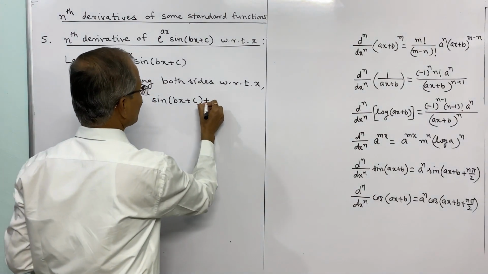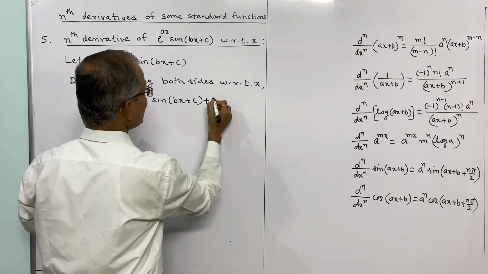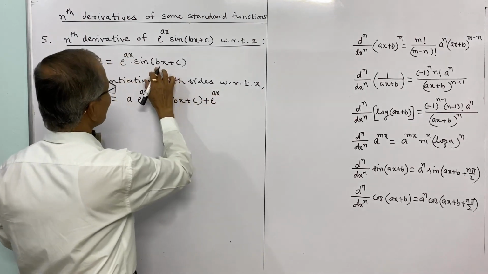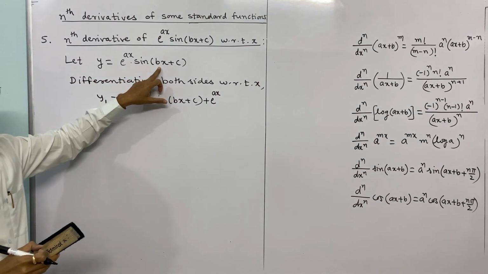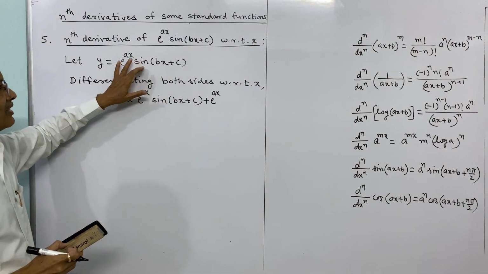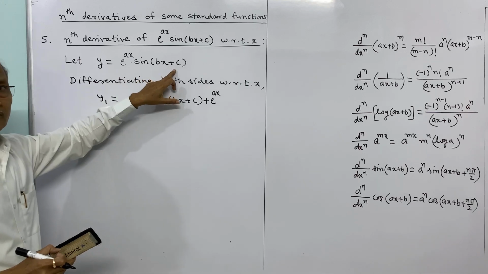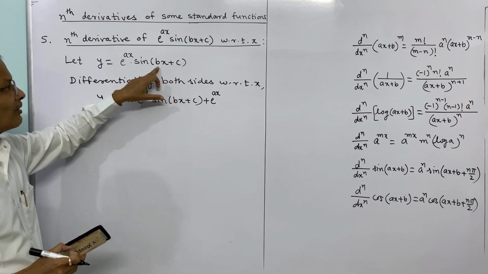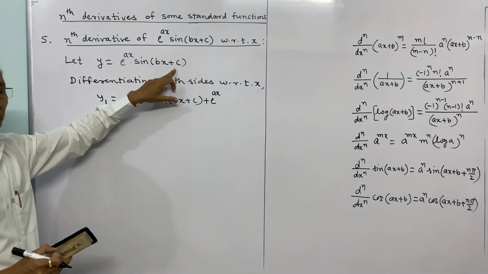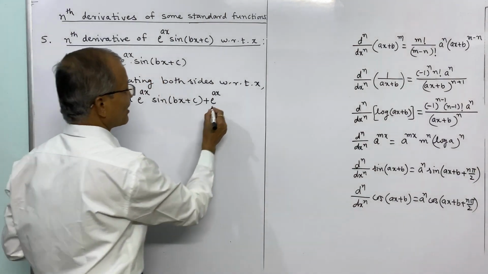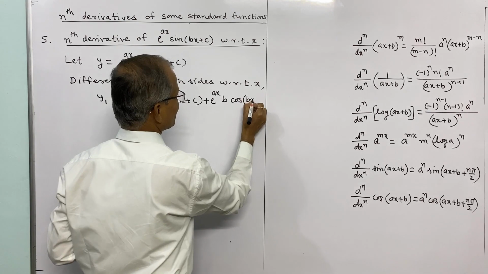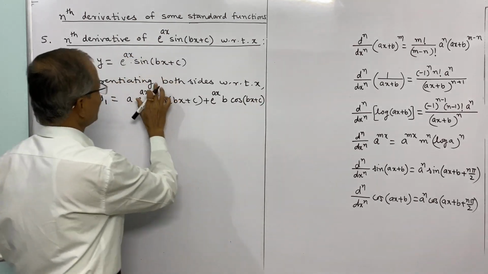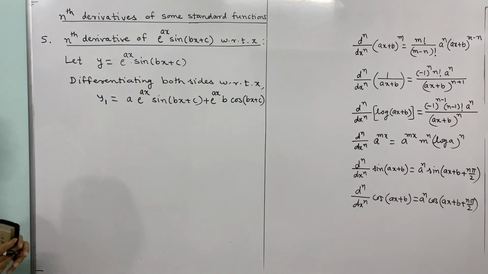The first function is e to the power ax, and the derivative of sine (bx plus c) is cos (bx plus c) into the derivative of bx plus c, which is b. So that will be b cos (bx plus c). So this is the first derivative of this function that we have obtained.